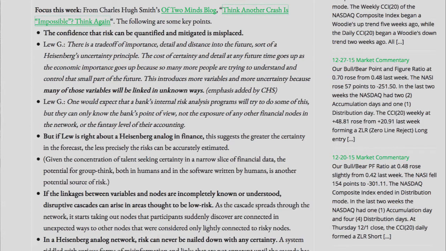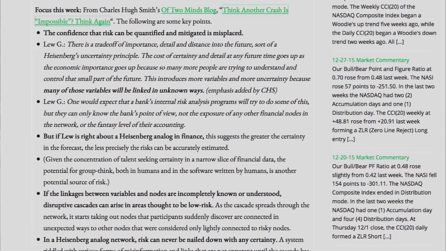The cost of certainty and detail at any future time goes up as the economic importance goes up, because so many more people are trying to understand and control that small part of the future. This introduces more variables and more uncertainty, because many of those variables will be linked in unknown ways.